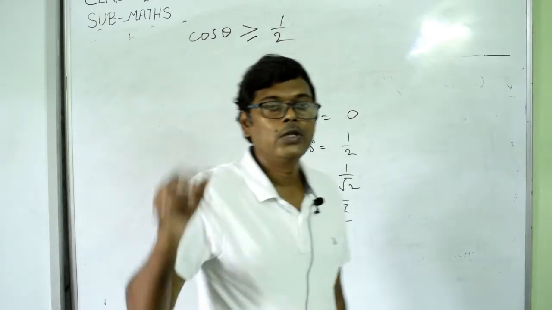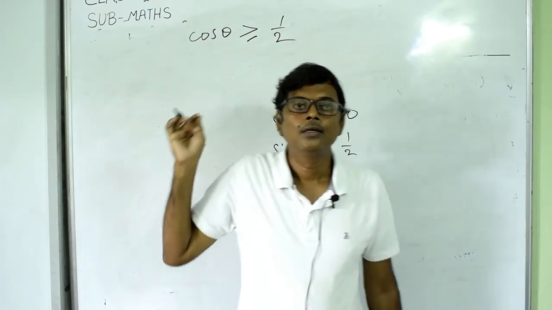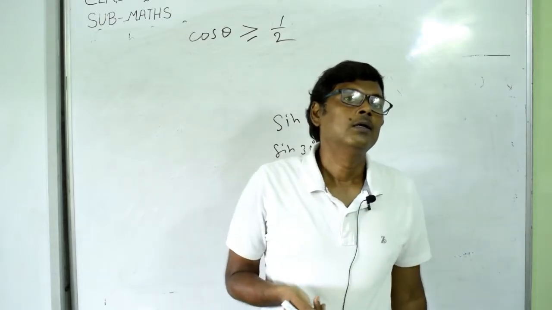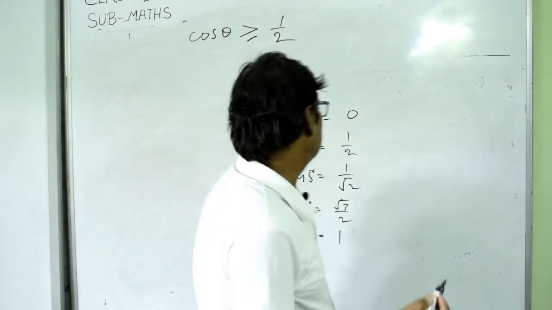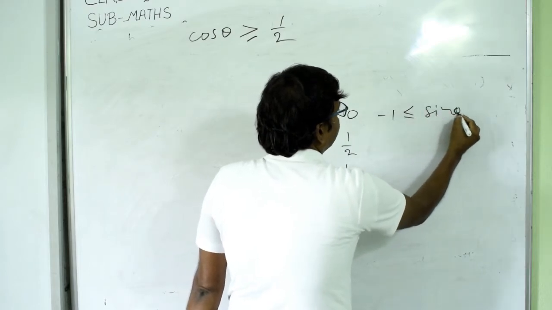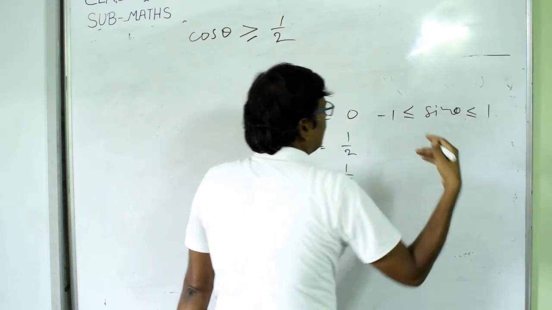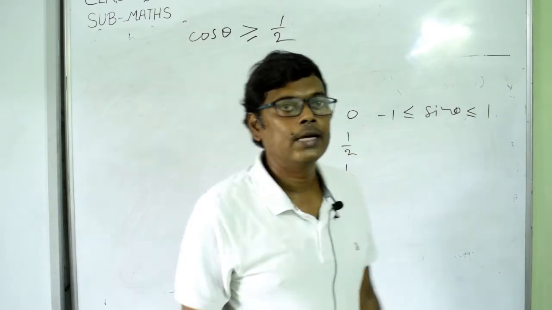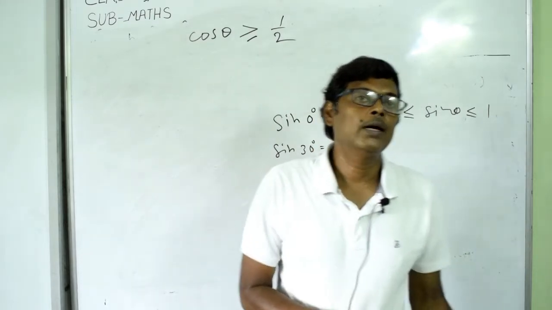The maximum value of sine is 1 and the minimum value is -1, that is -1 less than or equal to sine theta less than or equal to 1. For any angle the value of sine theta will always lie between -1 and 1.